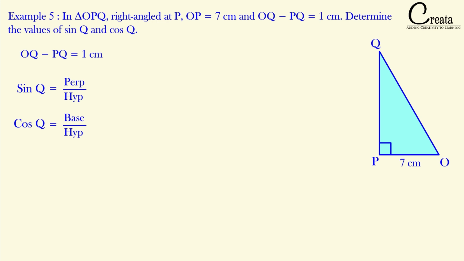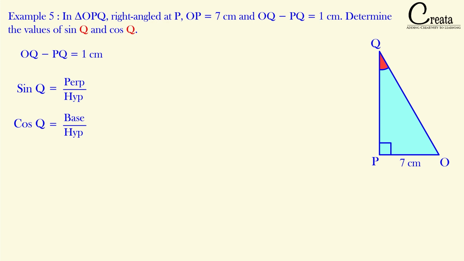The question is talking about sin Q and cos Q. It means angle Q is the trigonometric angle, so all the trigonometric sides will be with respect to this trigonometric angle. The first step in all these questions is to identify the trigonometric angle. Got it? Angle Q is the trigonometric angle.